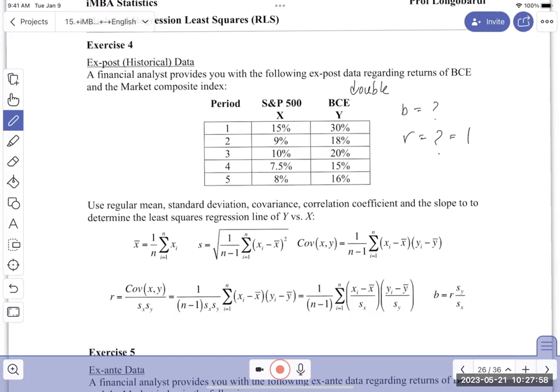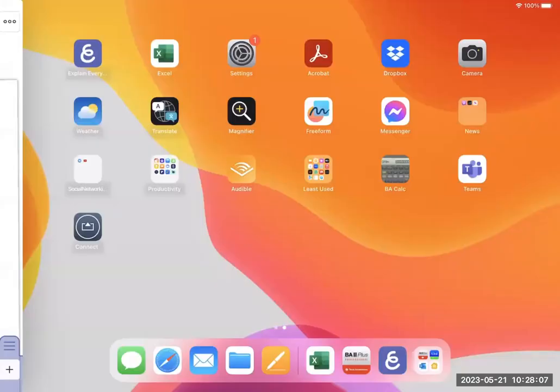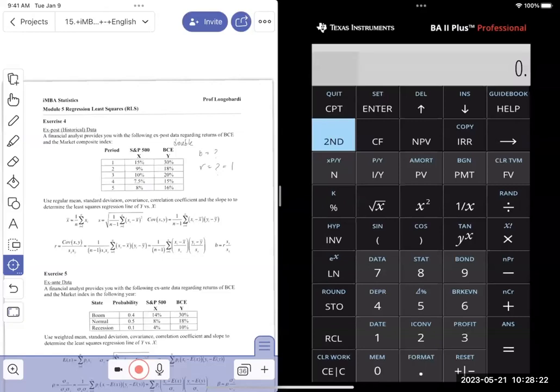If you have a doubt, put it in your calculator and tell me what is B, what is R. So put them in your calculator. And tell me. Right, so B will be 2.